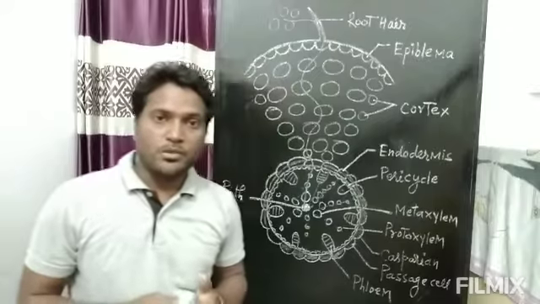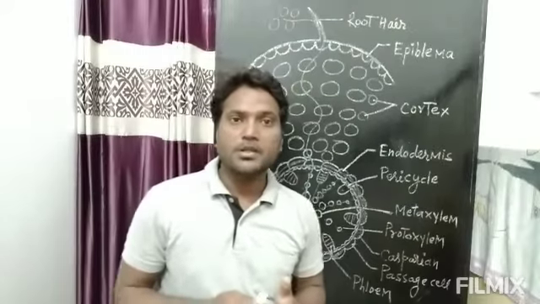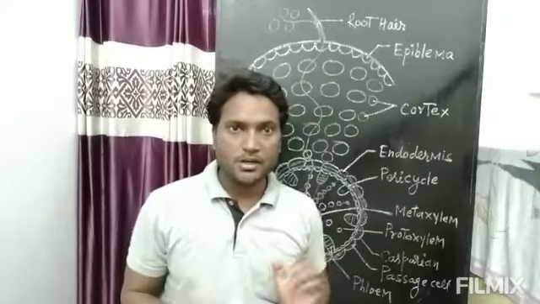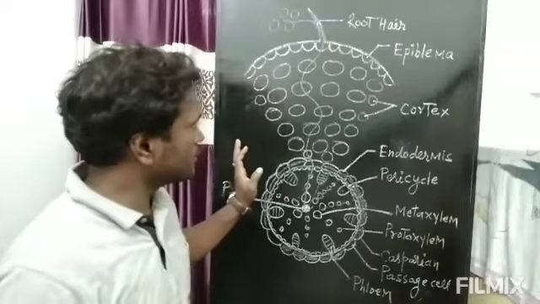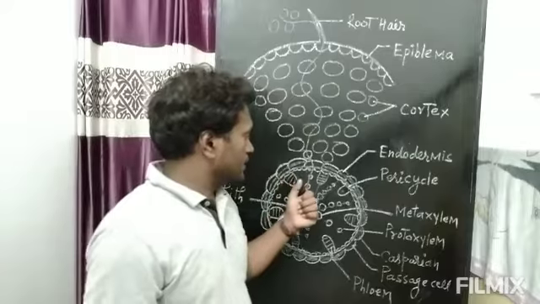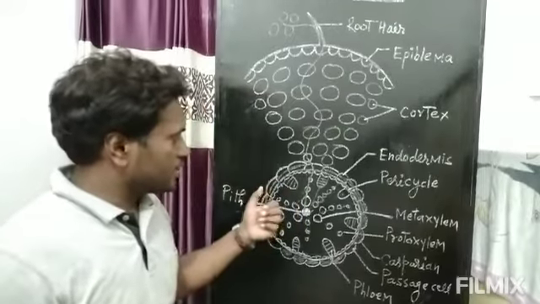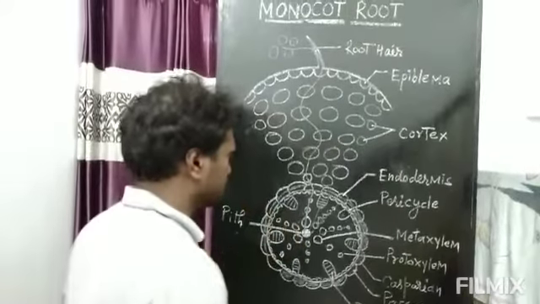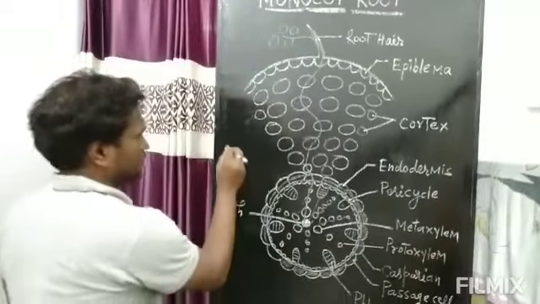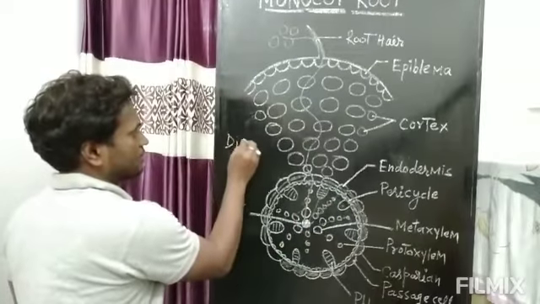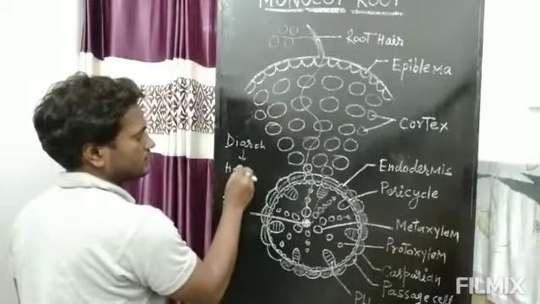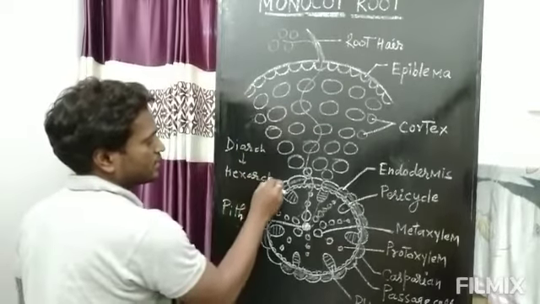Now we should be clear what is the main difference between internal structure of dicot root and internal structure of monocot root. First of all, we have studied that in dicot root, vascular bundle is diarch to hexarch.